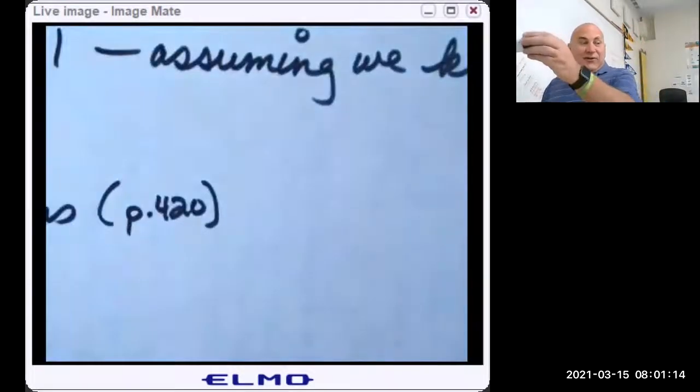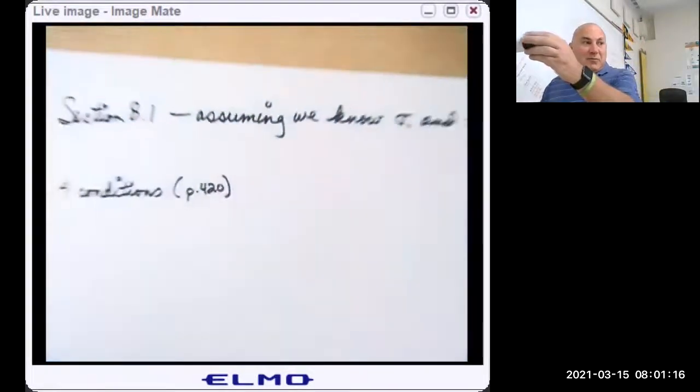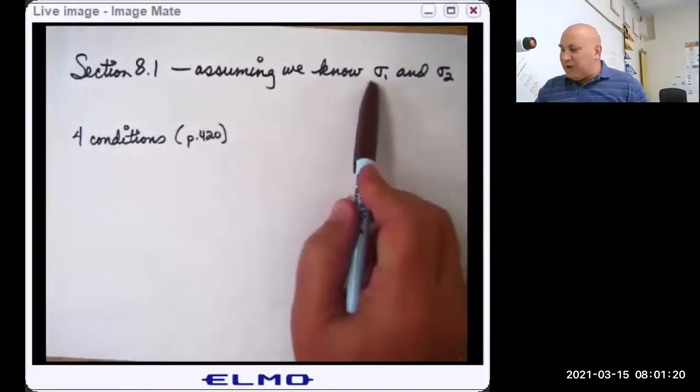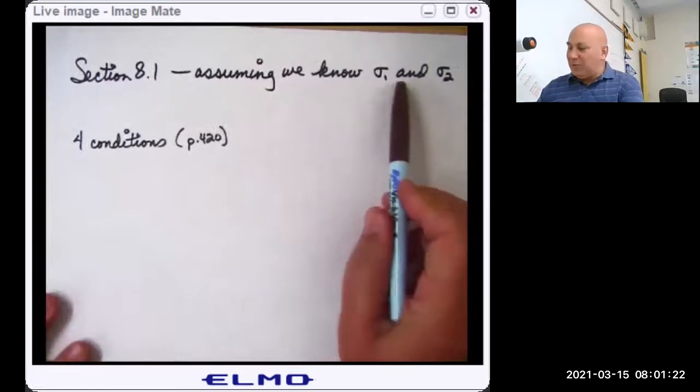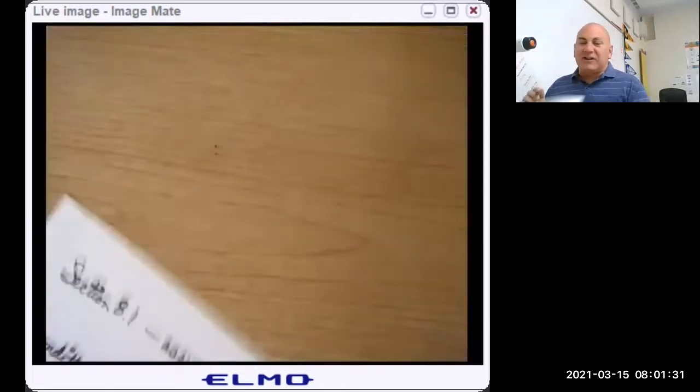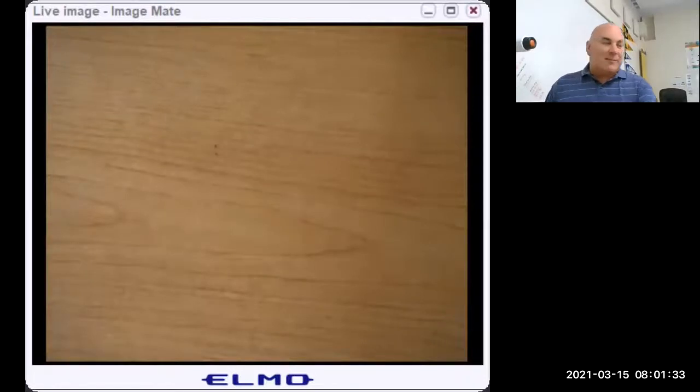So in our first section, we're going to assume that we know sigma 1 and sigma 2. In other words, we know the population standard devs of the two populations we're studying. Let's take a look at the conditions under which we could do this hypothesis test.